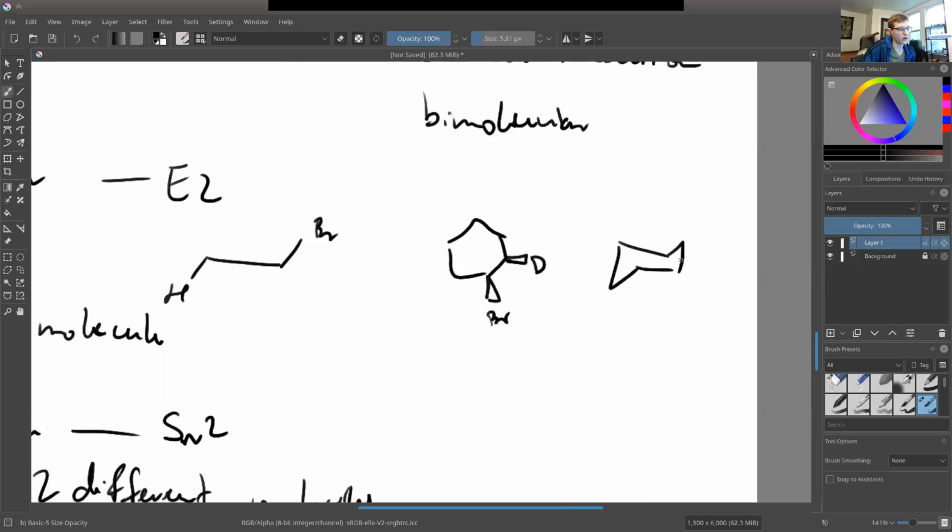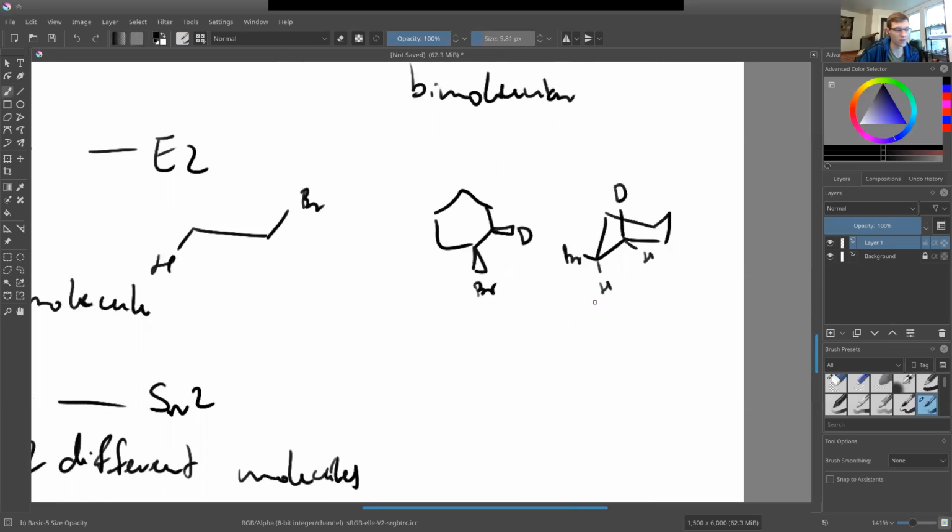And well, we could draw the chair. So the bromine sticks up, right? And then this is exactly the same structure as what we drew before, just now with a D instead of an OH, right? And if we wanted to do E2 on this structure, well, we have to draw it so things are anti-periplanar.